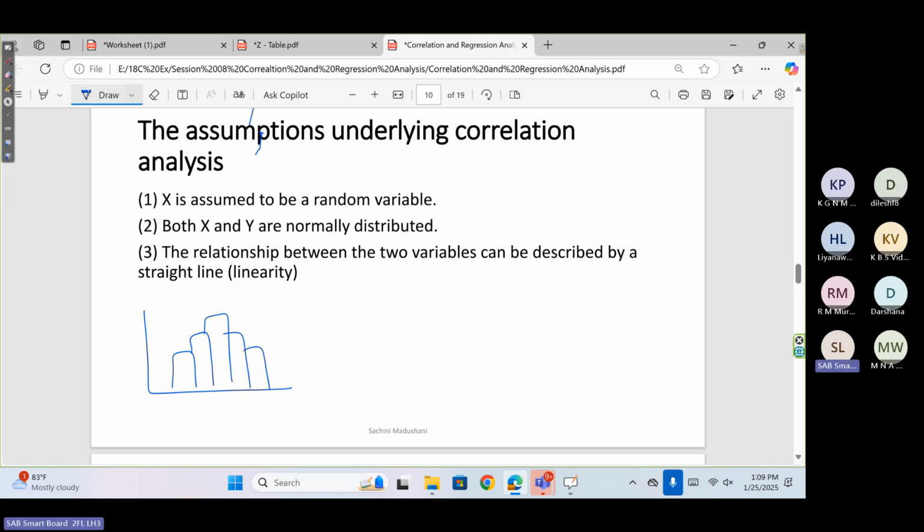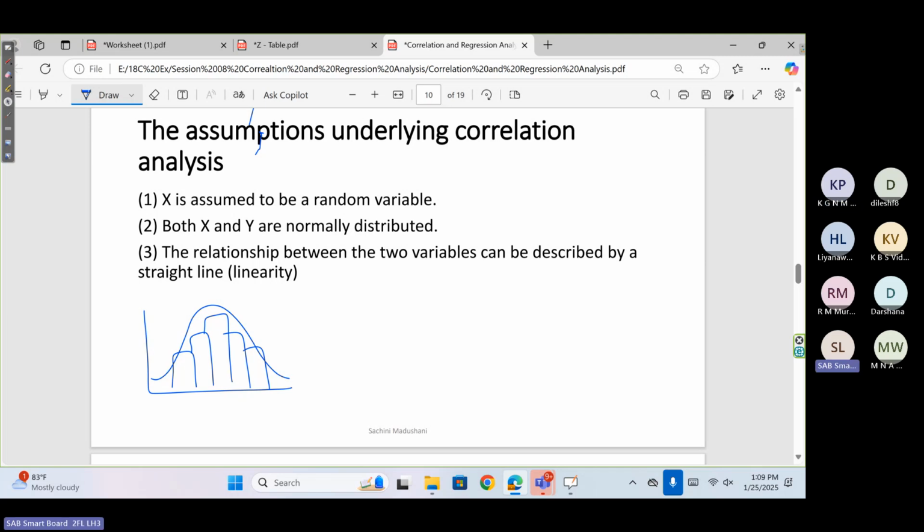Then we draw the normal curve. It's clear. Taking the independent variable values, using the software we draw the histogram, and looking at the histogram we can identify whether it is normally distributed or not.